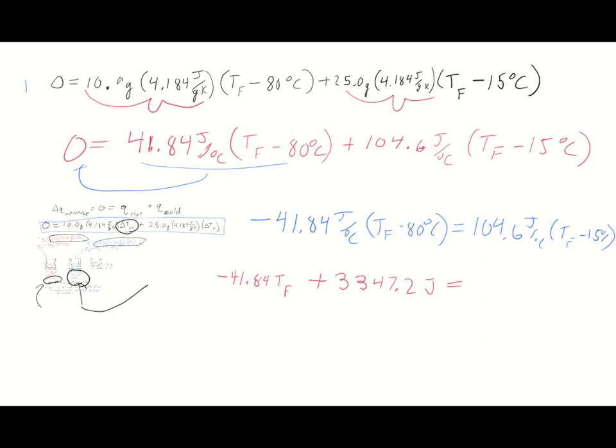So on my other side of my equation, I have 104.6 joules per degree Celsius times my TF.